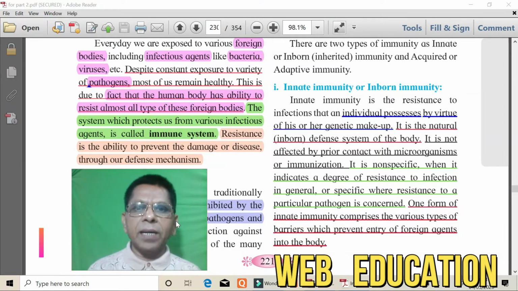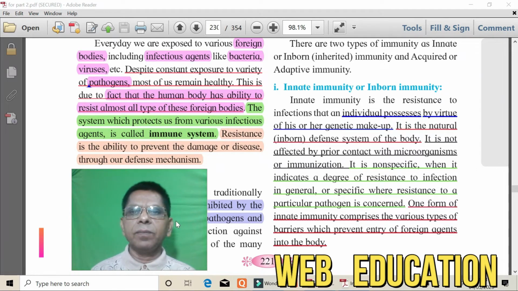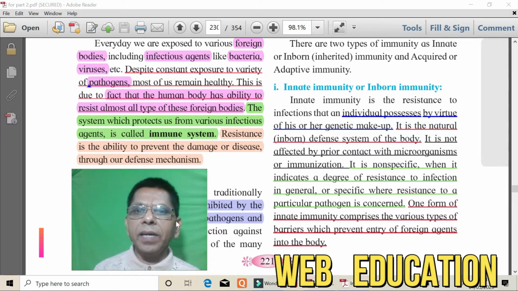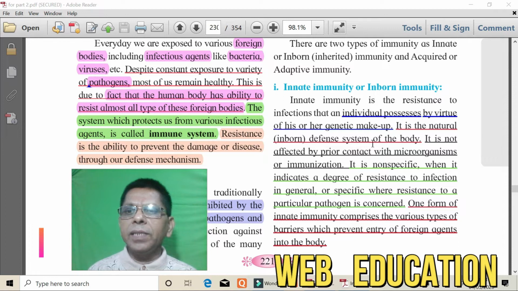Textbook of Maharashtra, innate immunity or inborn immunity. See, it has been described here in this paragraph. Innate immunity is the resistance to infection that an individual possesses by virtue of his or her genetic makeup. It means that the innate immunity system is hereditary.